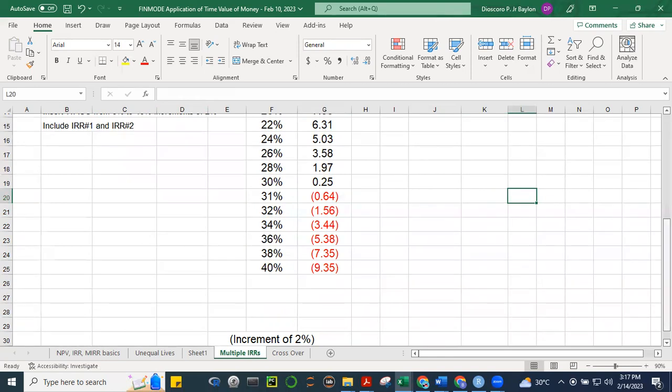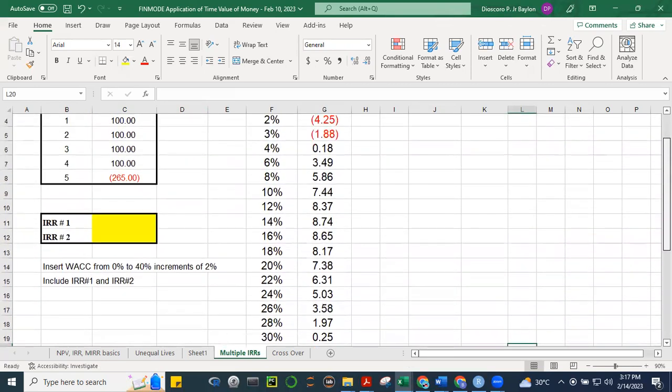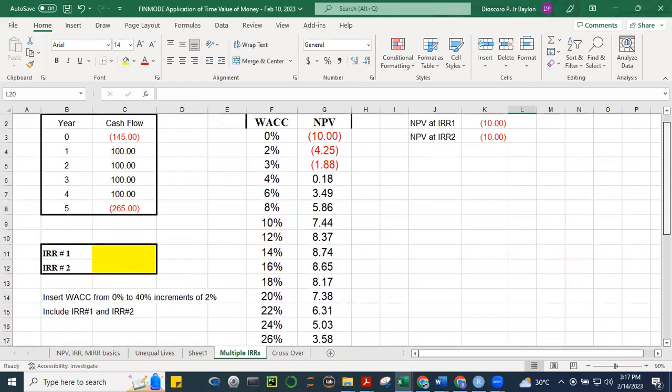Now you notice that there's an inflection here. Between 3% and 4%, there's a change in the decision from the project not being okay to being okay. So we would want to determine what this point is when there is a change in the decision.